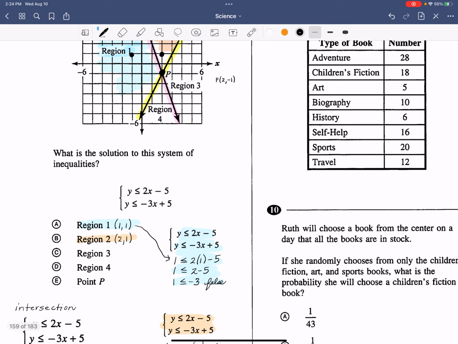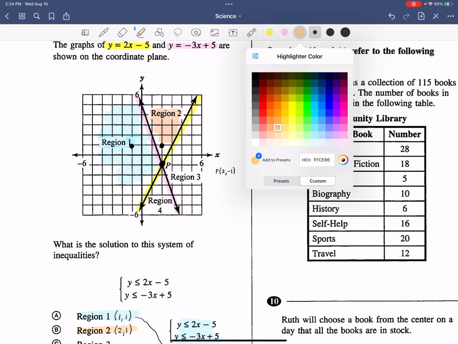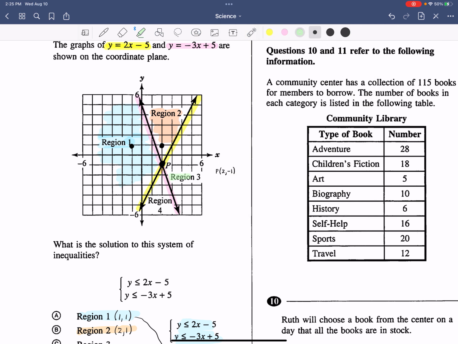Okay, so now I'm back to region 3. And I want to get a color. Let's do green. Region 3 is right over here. So you can pick a point in any region. And you might be thinking, well, I've already used point P. But remember, point P is on the intersection. The point we choose cannot touch the actual lines of the equation.